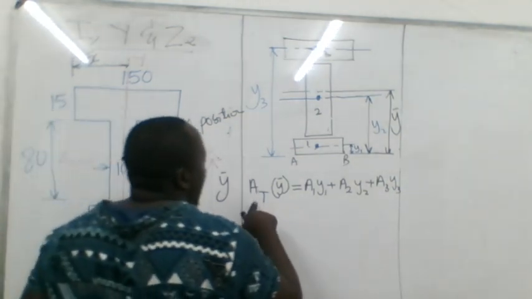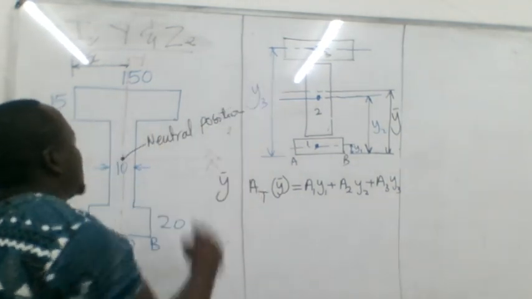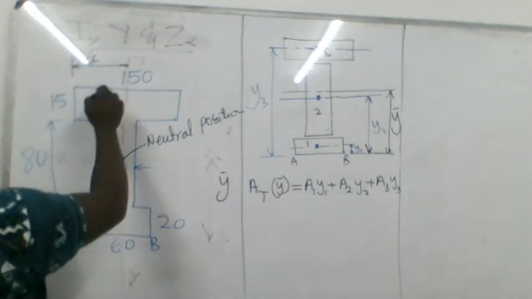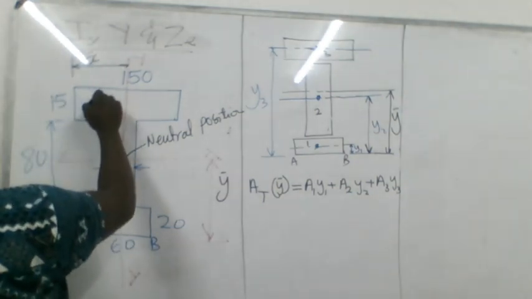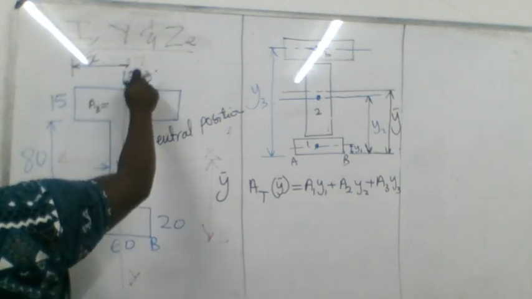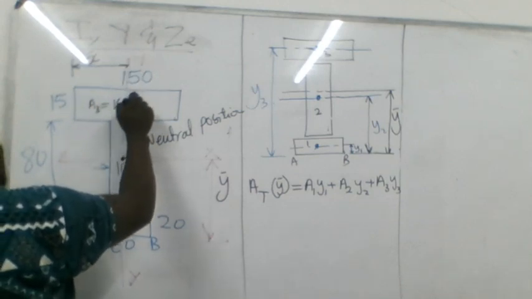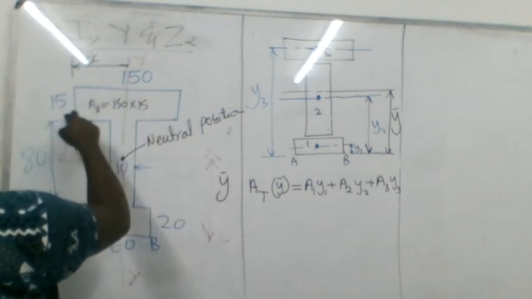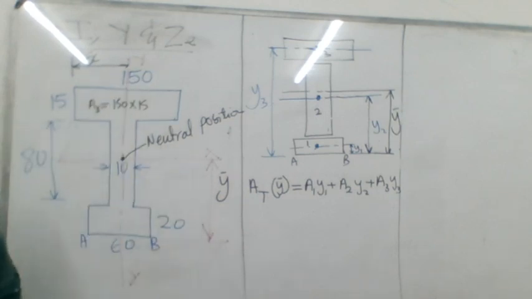Now, the areas of all these. The area of 3 is equal to 150 times 15. Just this, 150 times 15.